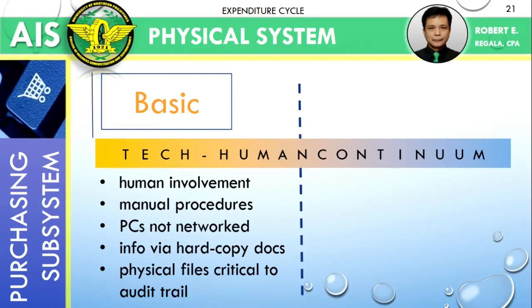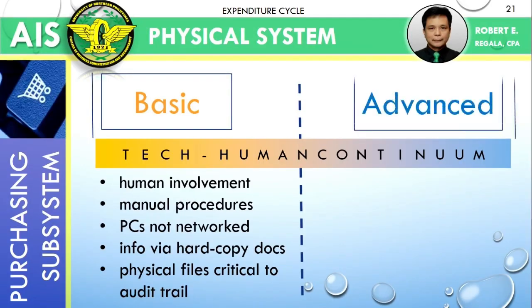The computers used in these systems are independent, non-networked PCs. Therefore, information flows between departments are communicated via hard copy documents. In addition, in such systems, maintaining physical files of source documents is critical to the audit trail.